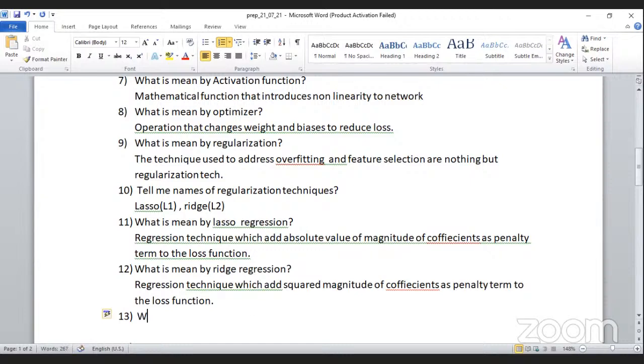So the next question: among lasso and ridge, which technique is used for feature selection?